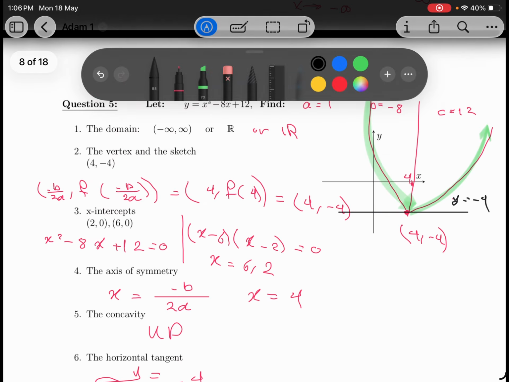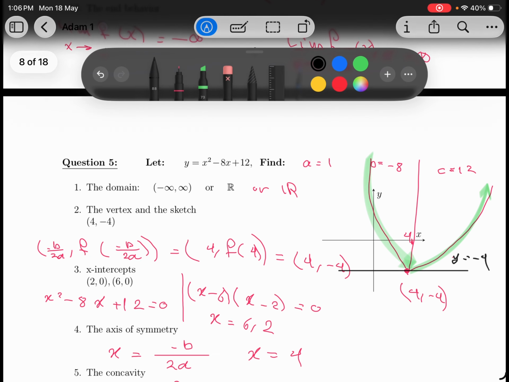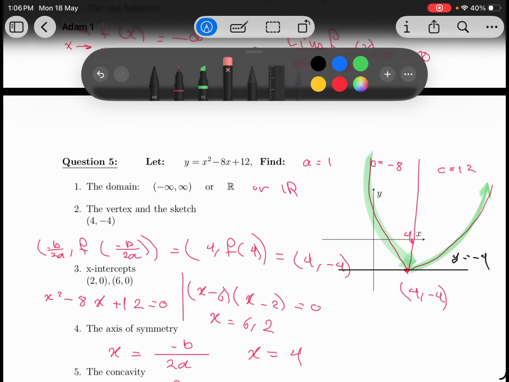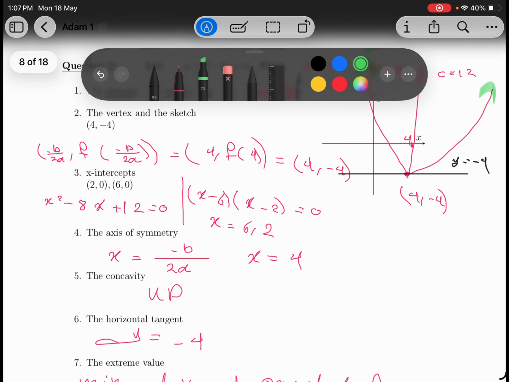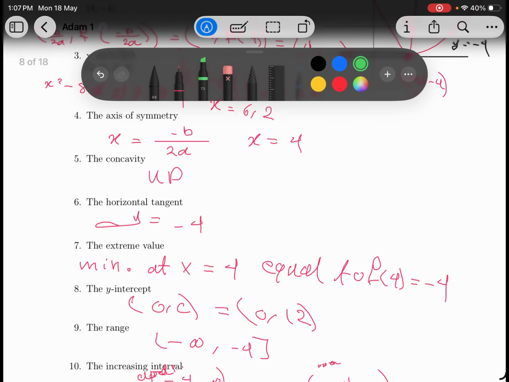The end behavior, again: this parabola has two tails, and these two tails are going up, whether x goes extremely big or extremely small. Look at how these two tails are going. I call them tails today, and I like this name. I don't know if there is any creature with two tails like this parabola.